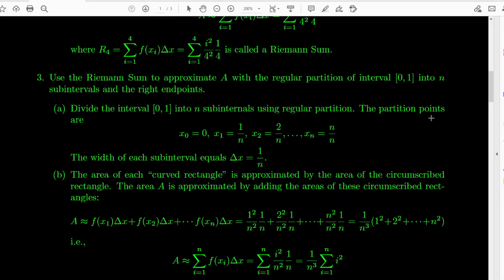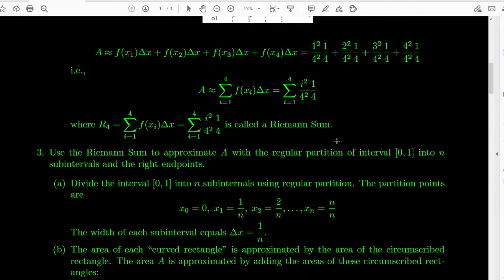I believe you can figure out the partition points. If you divide the interval from 0 to 1 into n subintervals, we still call 0 x0, one of the partition points, and then the next partition point is 1 over n. The one after that is 2 over n. The last one should be n over n. Anybody want to tell me how many partition points altogether should be in here?